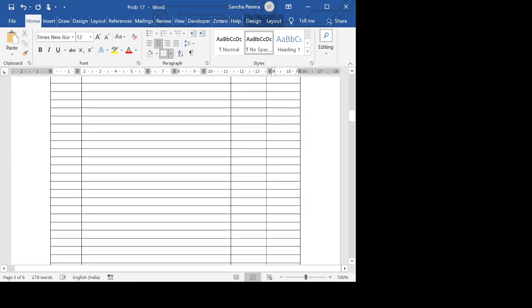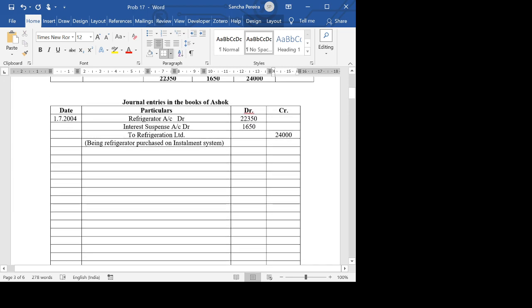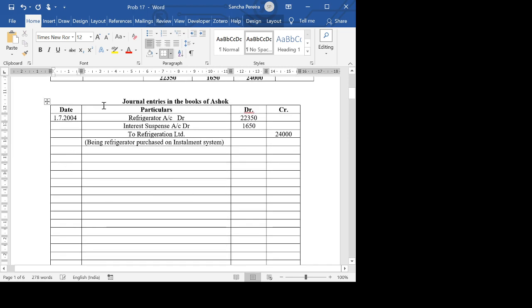We also have the down payment on the same date. So we'll pass the entry for down payment. We don't need to write the date again. If it's the same date, you can just continue there. So the down payment, since you're paying to refrigeration, will be Refrigeration Limited debit to bank.